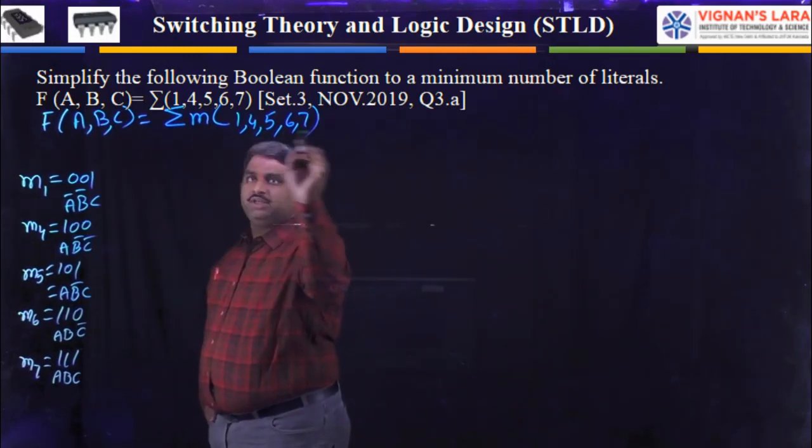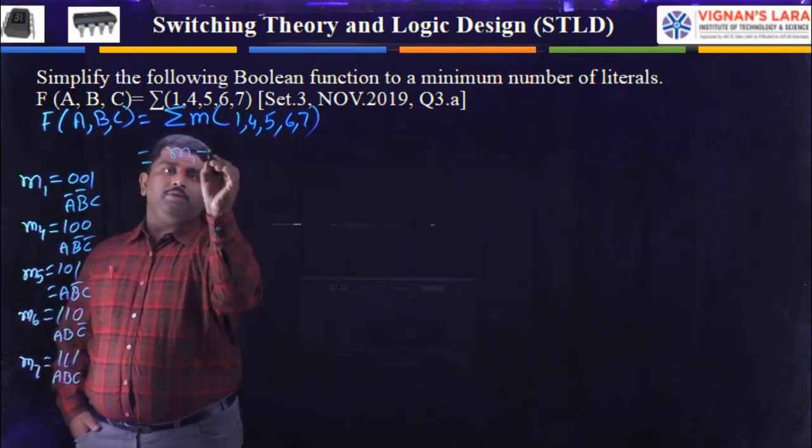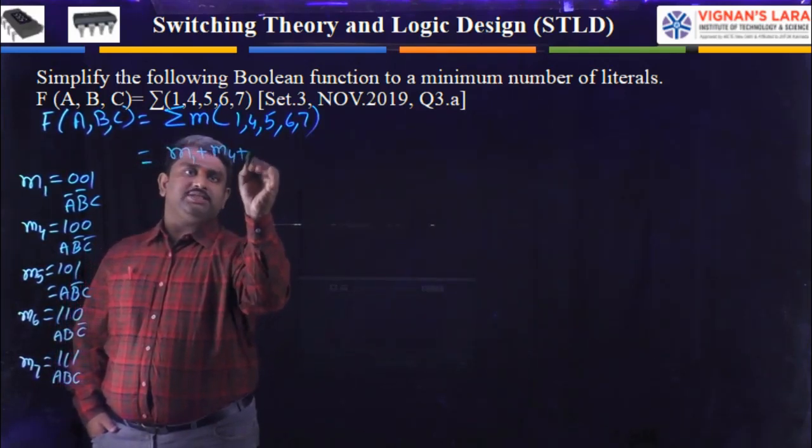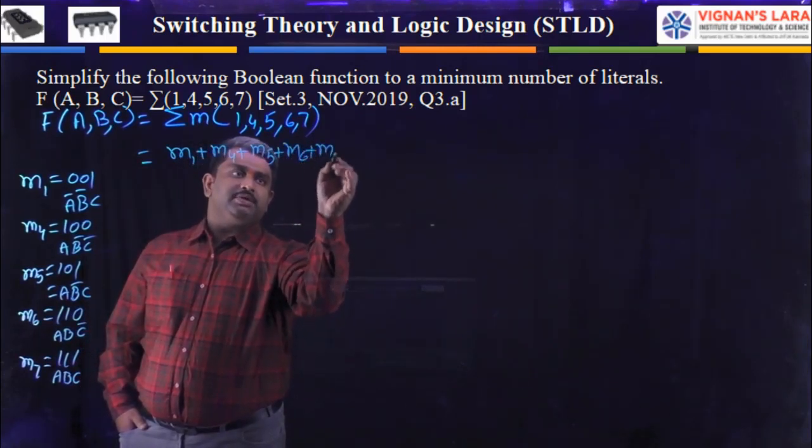So this function can be written as m1 plus m4 plus m5 plus m6 plus m7.